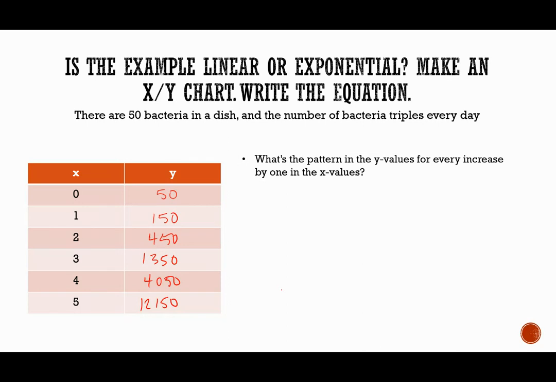So when I divide 150 by 50, is that equal to 450 divided by 150? It is. I've divided by 3 every time, or multiplied by 3, excuse me. It simplifies to 3. So my pattern here is multiplying by 3.